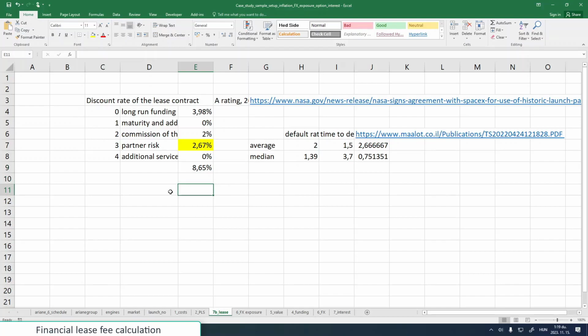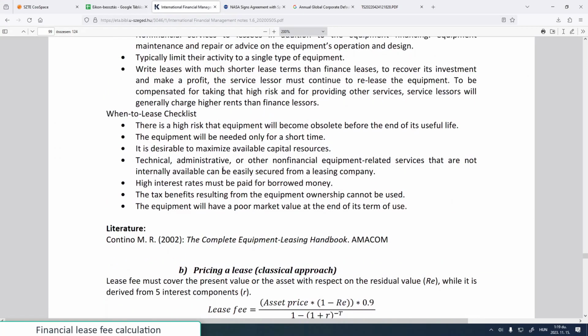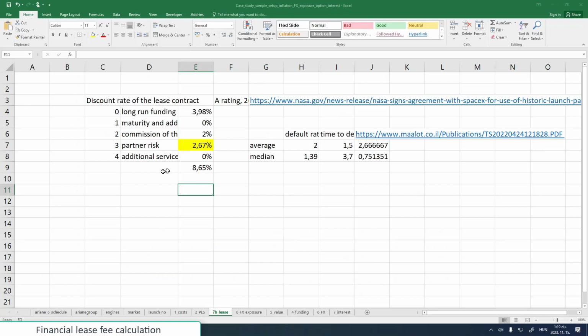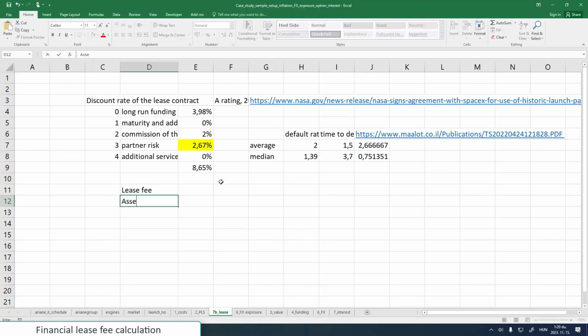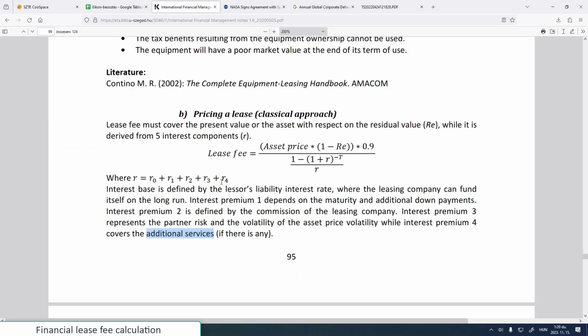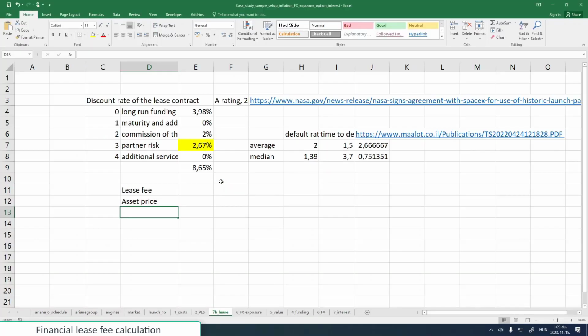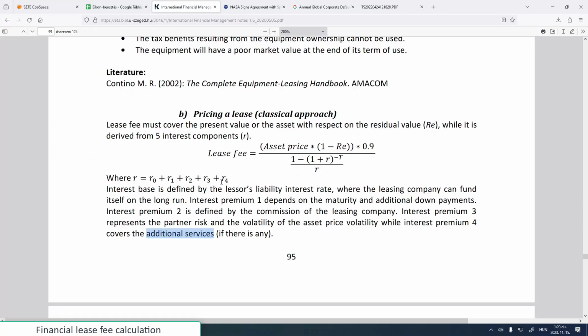So now we should calculate the lease fee. Do we have any? Oh yes, we have the asset price. And we have the residual value. And also we have the time. It's for 20 years.